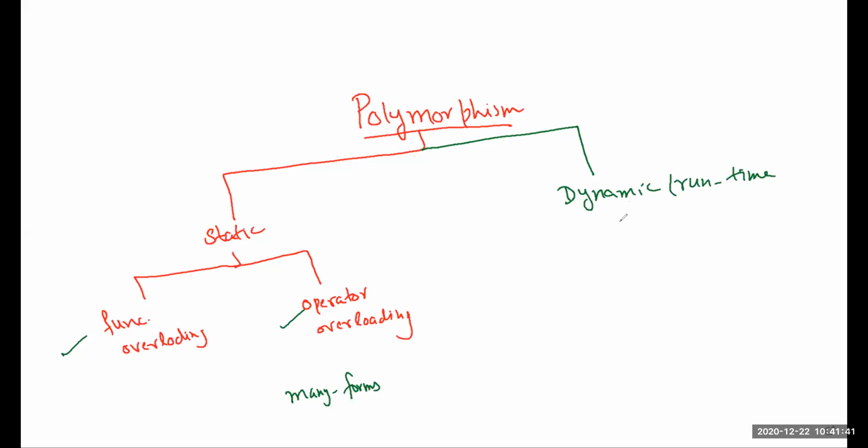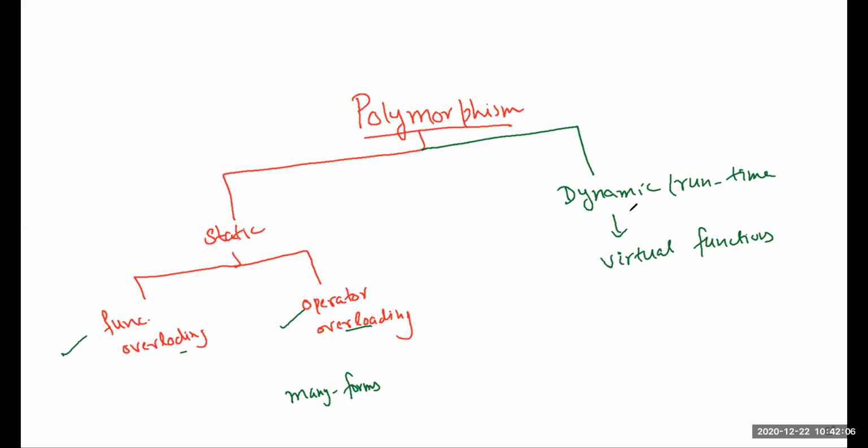Within that, what we'll see today is a new concept called virtual functions. So this is the overall tree: these are the two concepts, and today we'll see runtime or dynamic polymorphism, in which we'll see virtual functions, right?